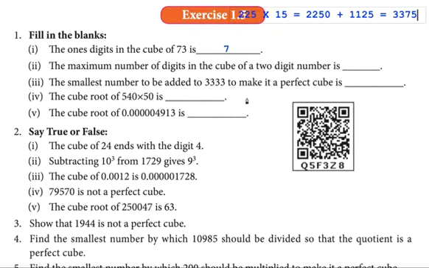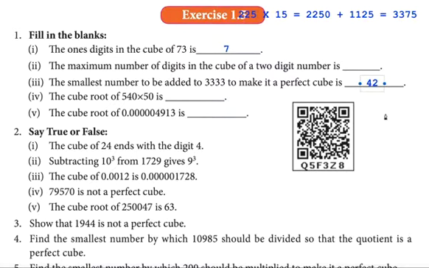Smallest number to be added, how much then? 3375 minus 3333, how much? 42. Okay, 42.